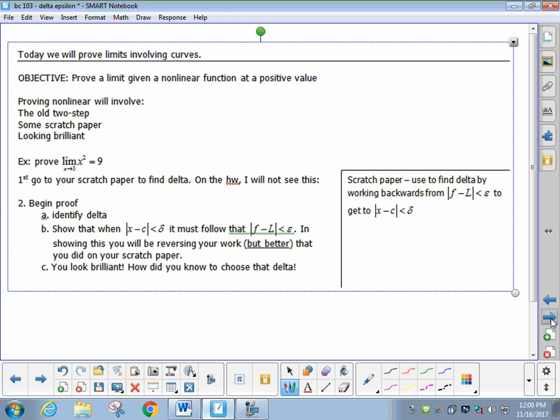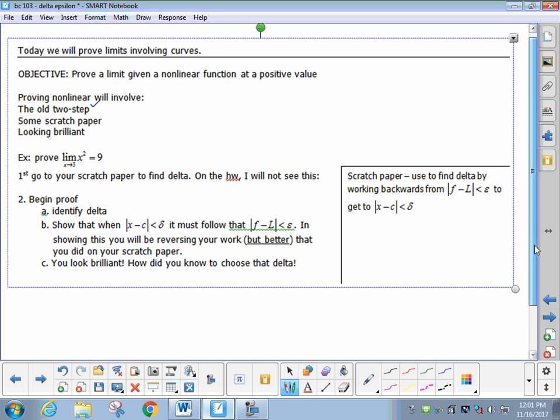This will involve a little maddening two-step process where at some point I will hear someone say, this is so stupid, I just did that and I'm just reversing it. Yeah, you are, but you're only showing half of it. I will explain in a minute. You'll need some scratch paper, and at the end you will look brilliant, like, wow, how did you know that?